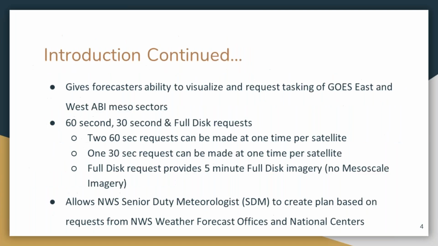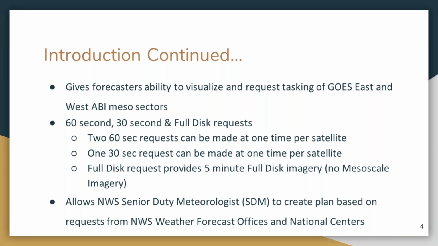All right, next chart. This gives forecasters, as I said, the ability to visualize and request tasking. The things that can be requested, we can have an individual mesoscale targeted. You'll get an updated image every 60 seconds over a 1,000 by 1,000 kilometer box. For reference, 1,000 by 1,000 kilometers is sort of like New England, right?